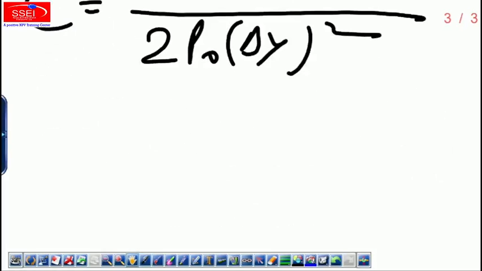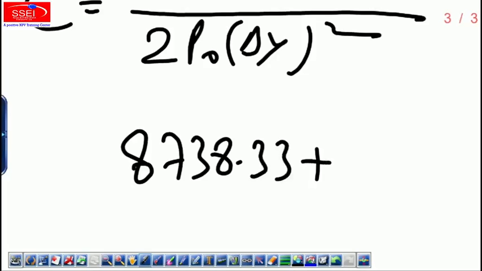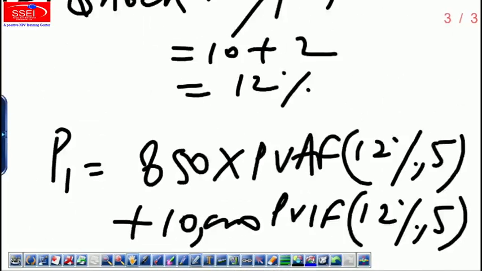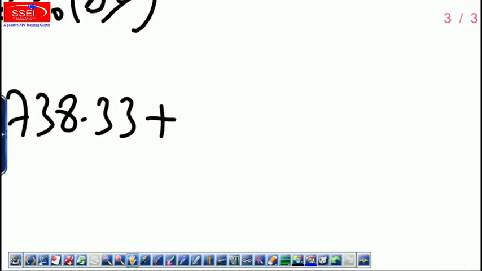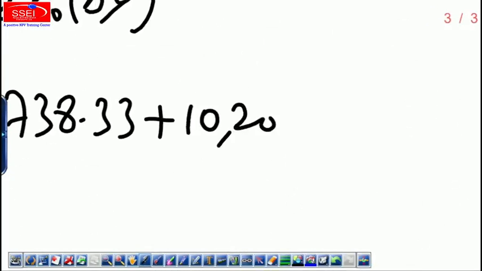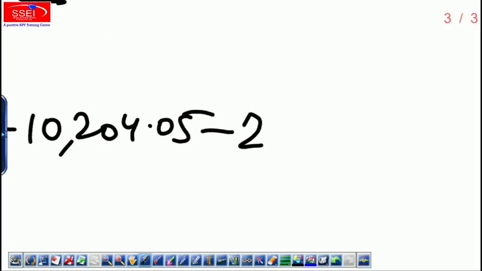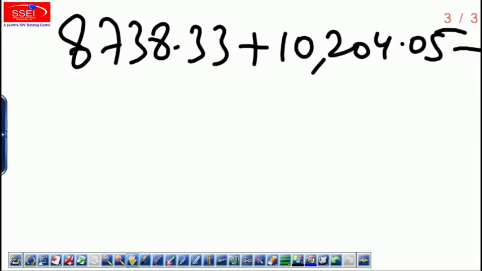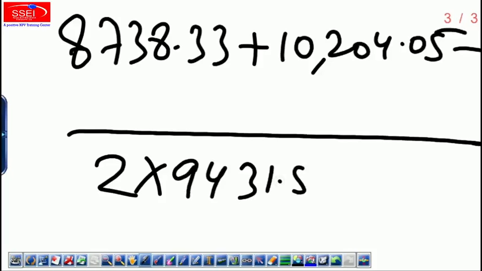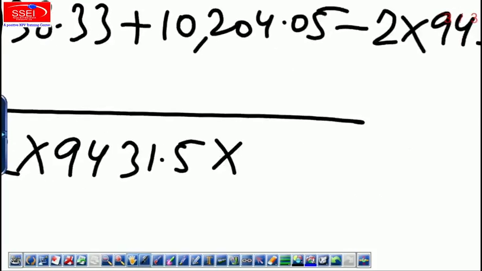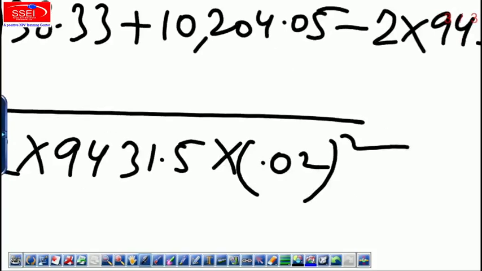What is P1? 8738.33, the fallen price, plus P2 is the higher price, which is 10,204.05, minus 2 into P0, 2 into 9431.5, divided by 2P0, 2 into 9431.5 into delta YTM square, 0.02 square.